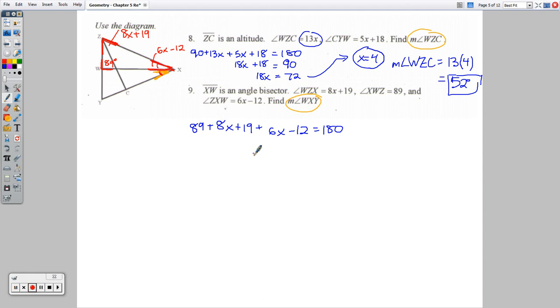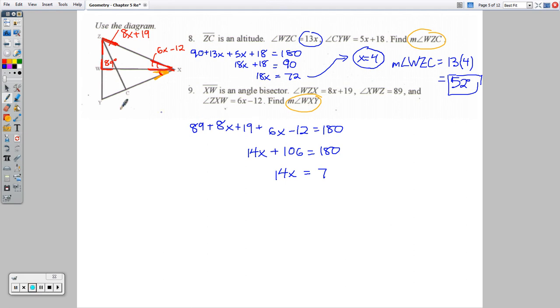And combined like terms, I would have 14x, 89 plus 19, looks like that's going to be 118. 118 minus 12 is going to be 106. If you subtract 106 from both sides, you are left with 74. 84, excuse me. I think I messed something up here.